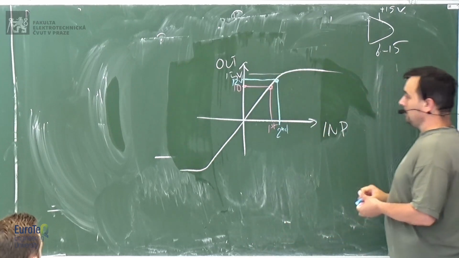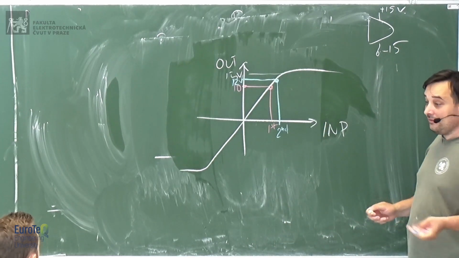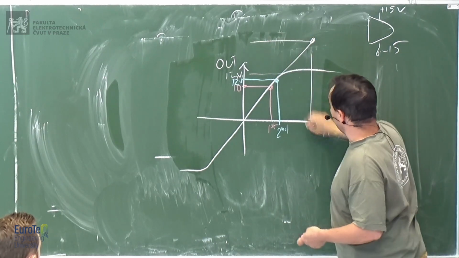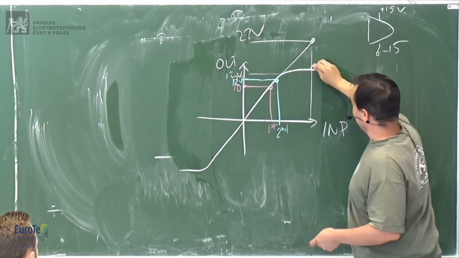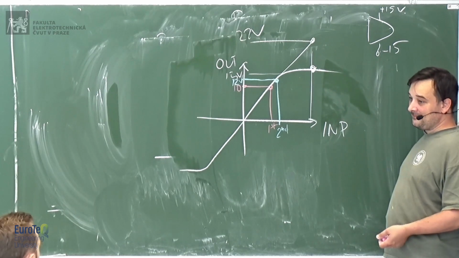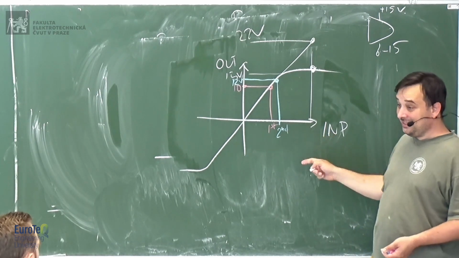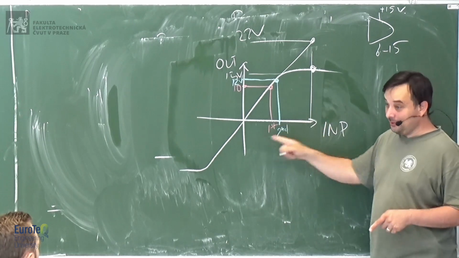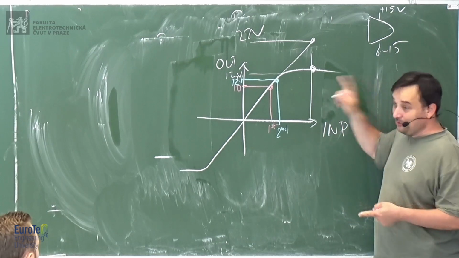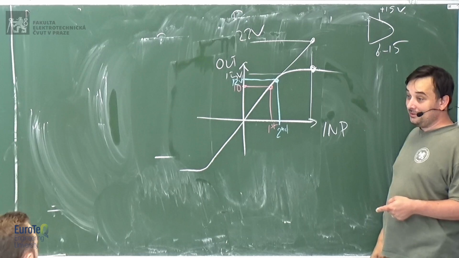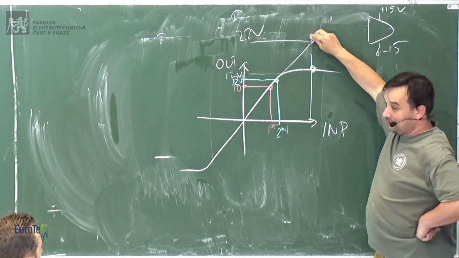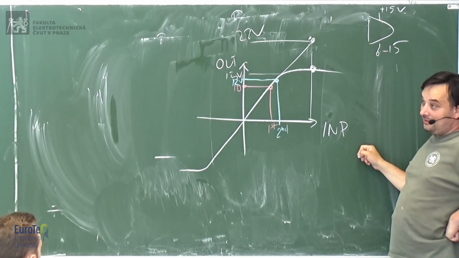If you sum up the effects, you get 22 volts. But no, this is not valid anymore because we saturated at 15. In this case, we are in a region where it's not linear anymore, because you cannot produce 22 volts.